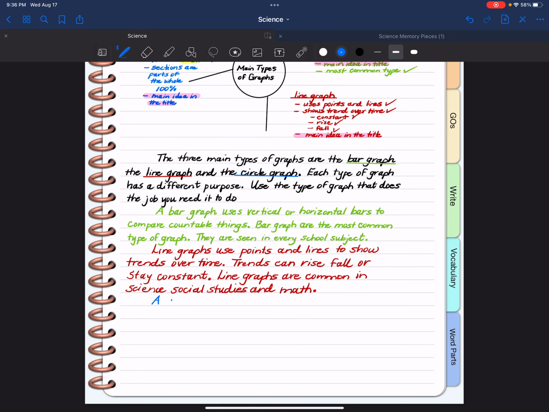A circle graph uses sectors in a circle to show parts of a whole amount.